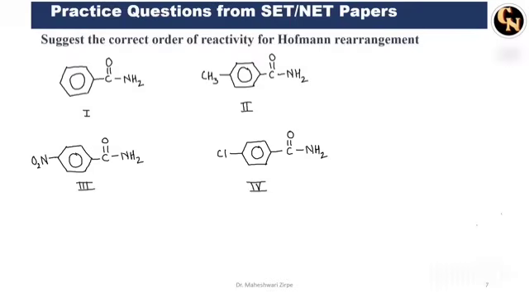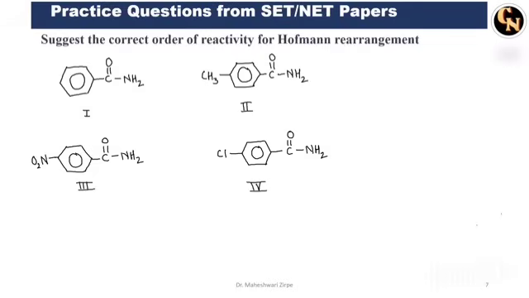The first one is benzamide, the second one is paramethyl benzamide, the third one is paranitrobenzamide, and the fourth one is parachlorobenzamide. Among these, the least likely to follow the Hofmann rearrangement is the third structure. Why? Because there is a nitro group. So the nitro group is going to withdraw the electrons, so this is not going to favor the Hofmann rearrangement.